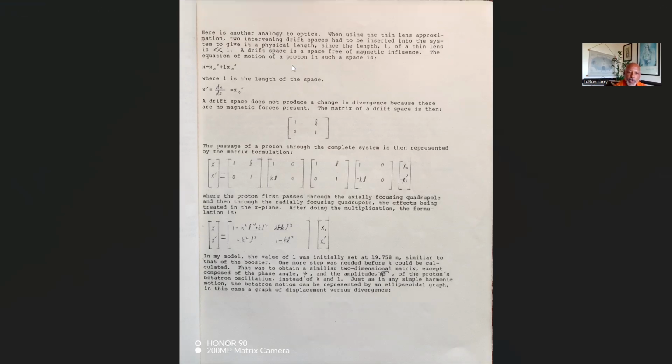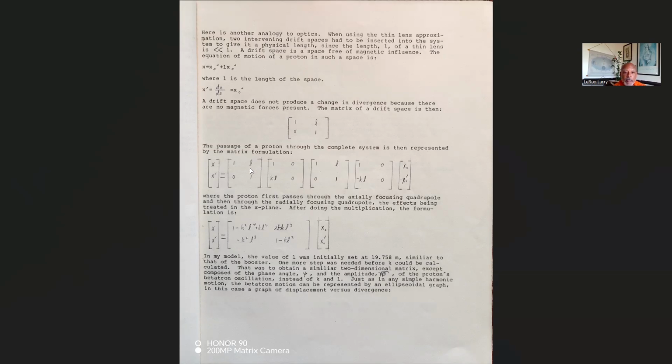Now, quick review. We had to insert what's called a drift space between our two thin lens approximations to the quadrupole magnet, our two 2x2 matrices. We had to insert two drift spaces. And here's where we are right here.